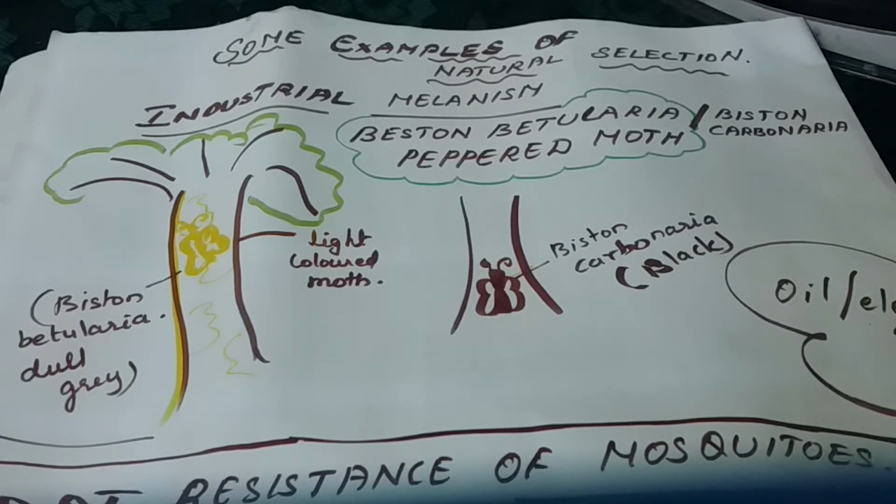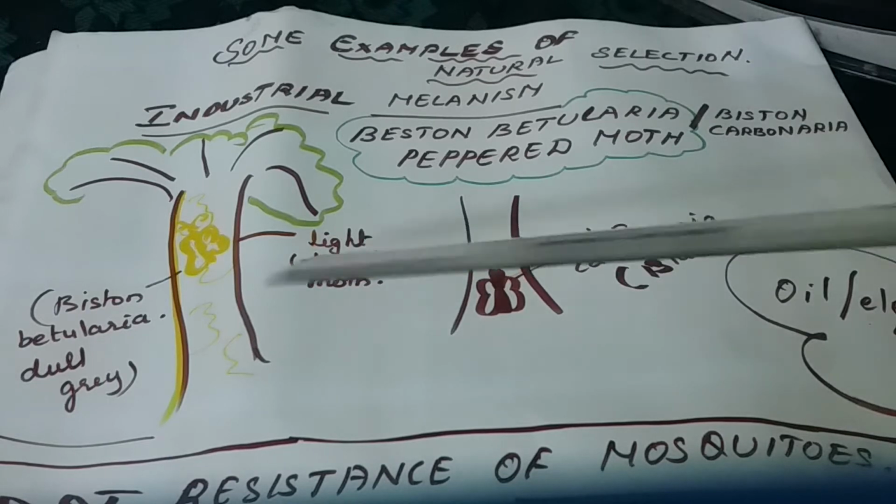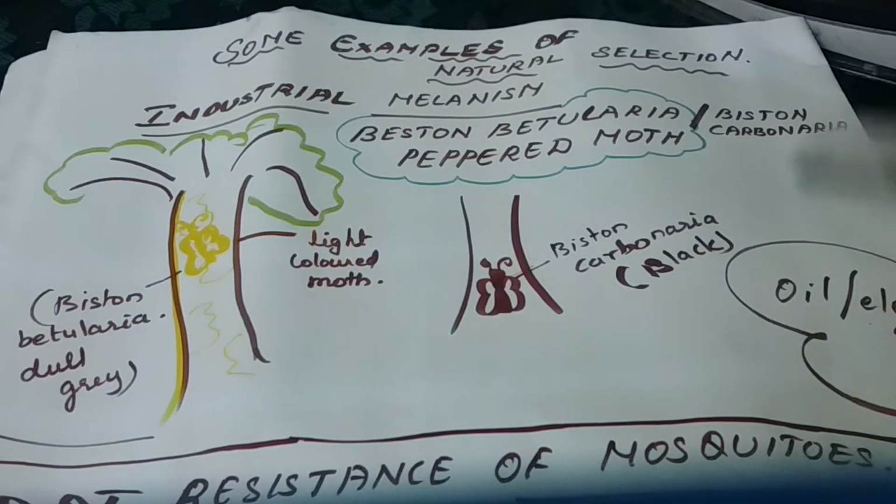Then gradually the pollution reduced, the tree trunks got the original color, that is they were just covered by lichens, and the environment became light in color. At that time, the number of Biston betularia increased. That is what happened: according to the environmental condition, the population of the organism increased or decreased. That is a very good example.